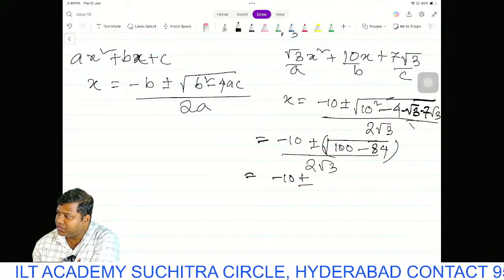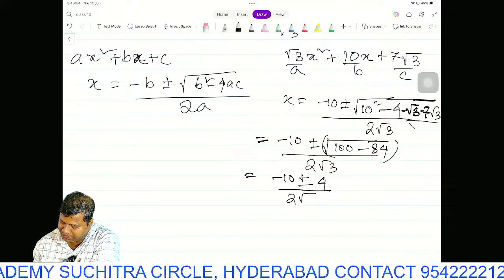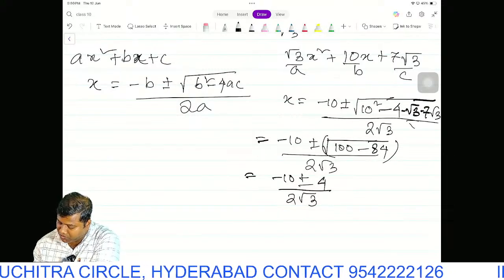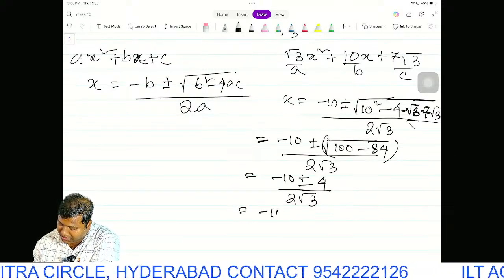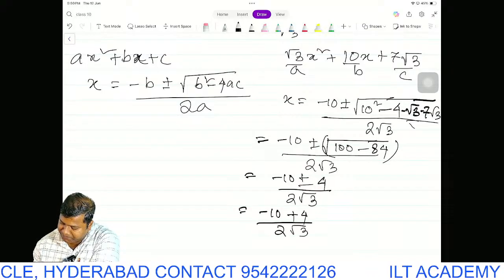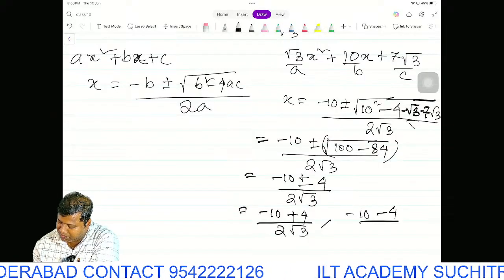Root 16, which is 4, by 2 root 3. So what are the two zeros we are getting? One is minus 10 plus 4 by 2 root 3, another one is minus 10 minus 4 by 2 root 3.